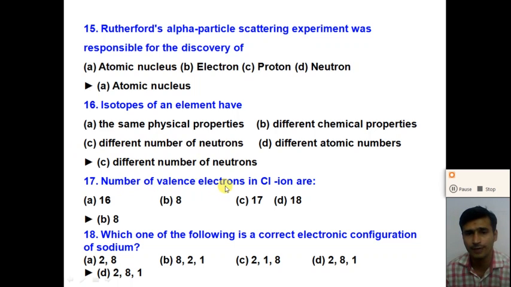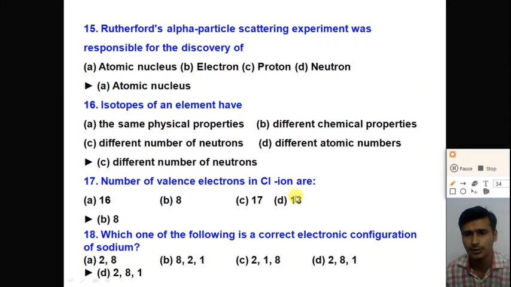Now, number of valence electrons in the Cl minus ion. How does the Cl minus ion form? Chlorine has atomic number 17. If you consider the electron configuration of chlorine, in the first orbit there are 2 electrons, in the second orbit 8 electrons, and in the third orbit 7 electrons, right?